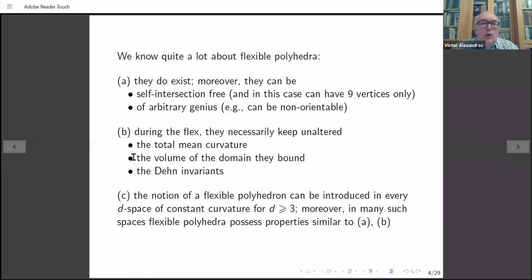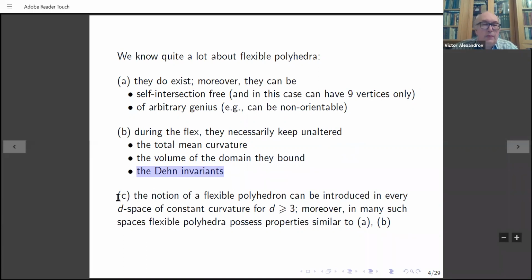The second very important quantity is the volume of the domain they bound. This volume remains constant during the flex. And also the Dehn invariants remain unaltered during any flex.